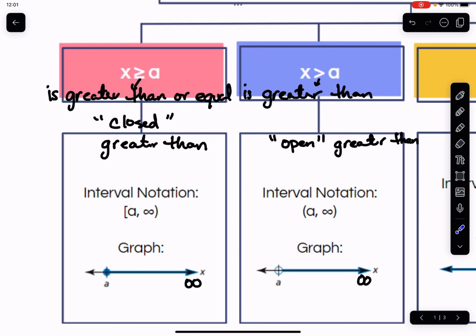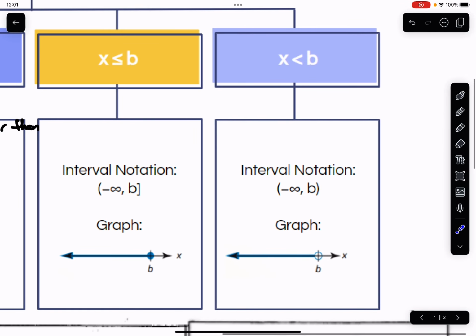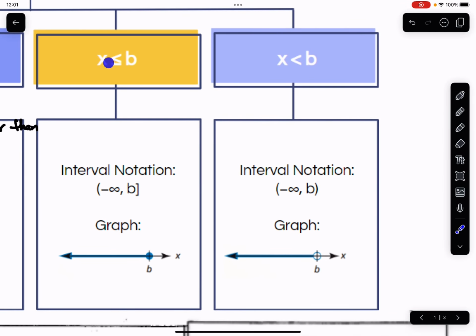Now let's look at the other direction, the less than. We have the same situation: a closed less than and an open less than. The correct term for this symbol is less than or equal to.